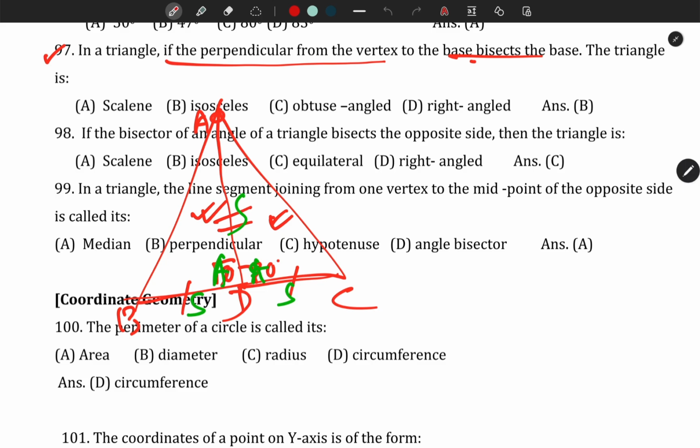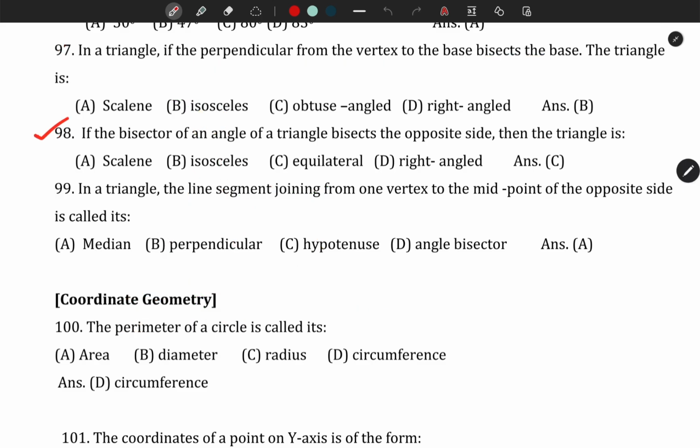So if they are congruent, AB will equal AC by CPCT. AB and AC are equal, and in a triangle, if two sides are equal, then the triangle has to be isosceles. So triangle ABC is isosceles.